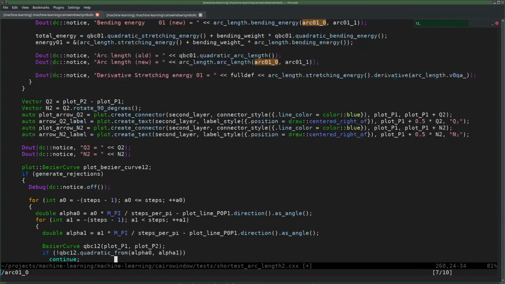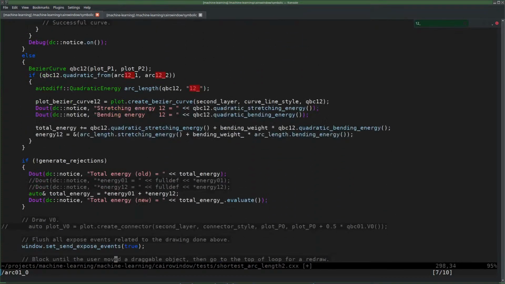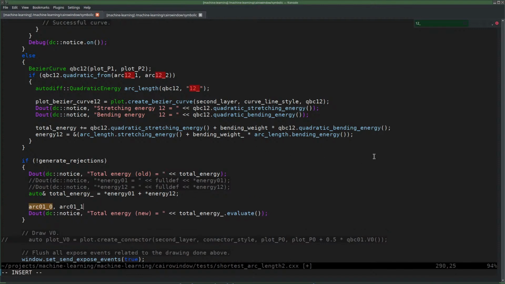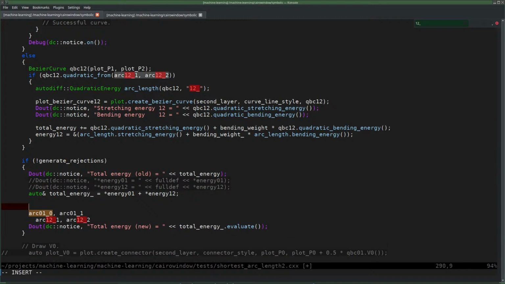Quadratic form. And here a quadratic form. So before I do the evaluate, I have to assign these things to the appropriate variables. Which means I have to recreate the variables here.